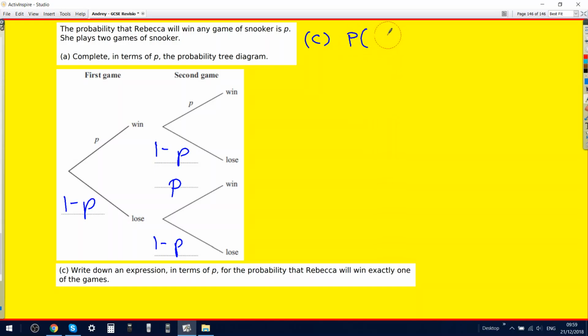The combinations would be she wins the first one and she loses the second one. Yeah. Any other possibility? She loses the first one and wins the second one. Yeah. And so those are the possibilities for her to win 1 game, because if she won both, that's 2 games. Lose, that'd be 0. So you find these 2 probabilities, and what would you do with them?